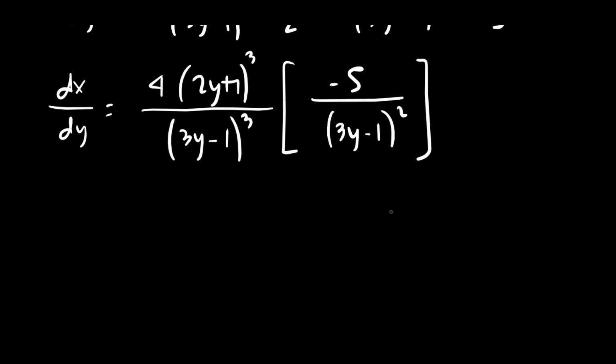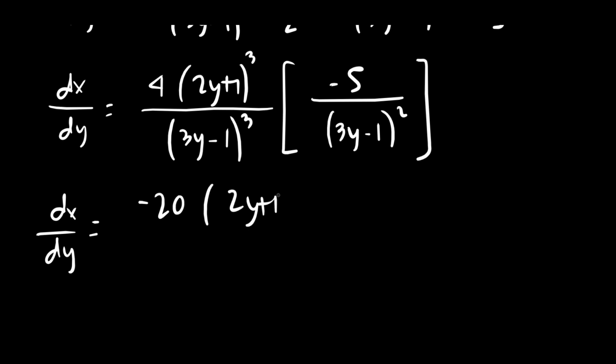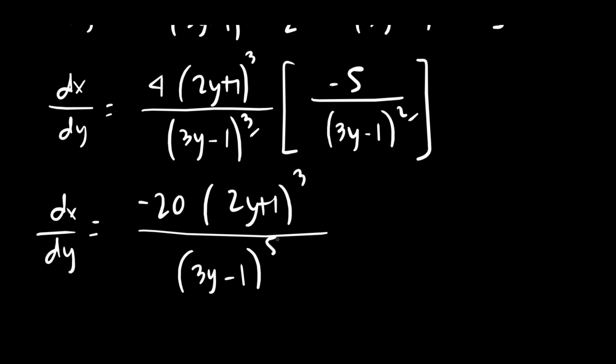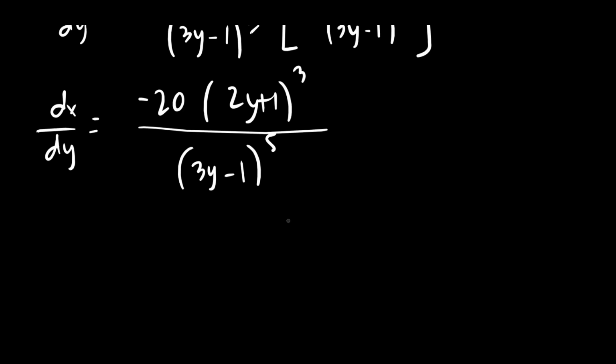So we will further simplify. dx over dy is equal to negative 5 multiplied by 4, which is negative 20, multiplied by 2y plus 1 cube, all over, so we'll just add the exponent, copy the term 3y minus 1 raised to the power 5. So this is now our dx over dy.